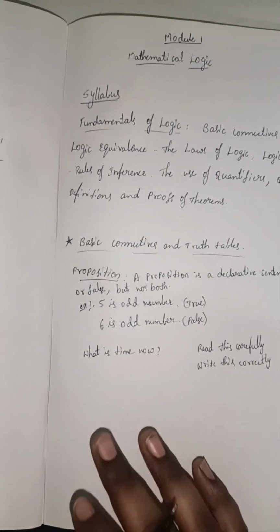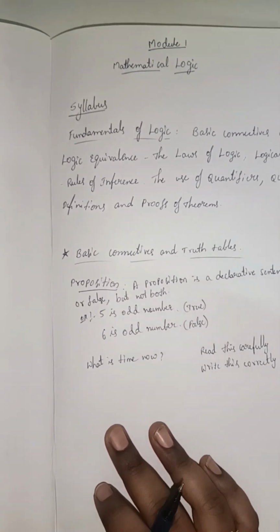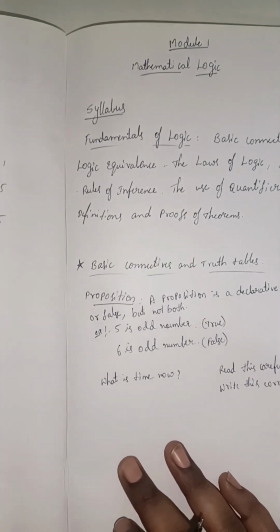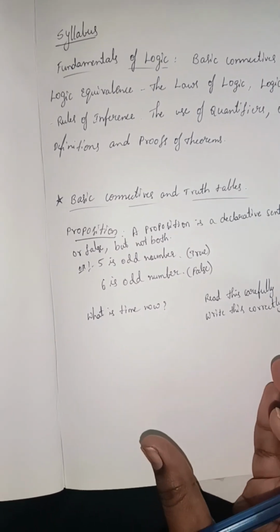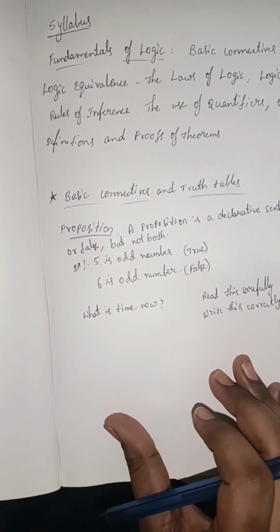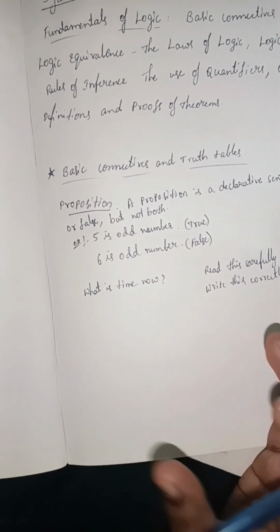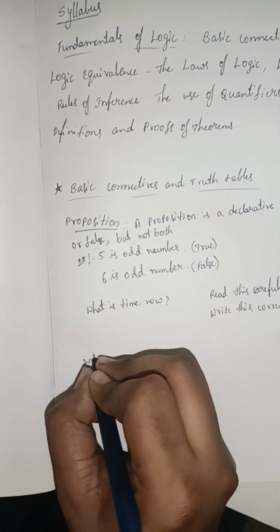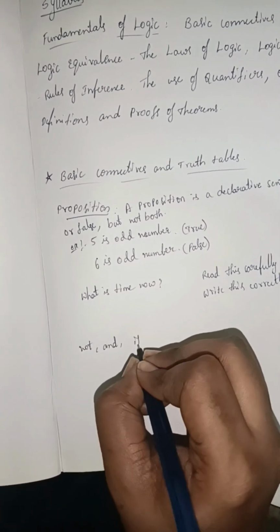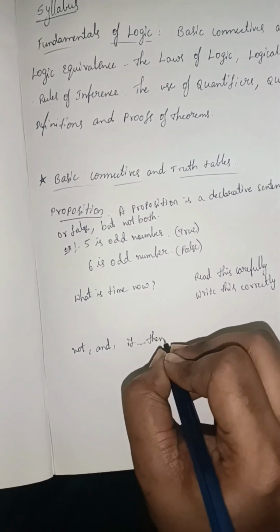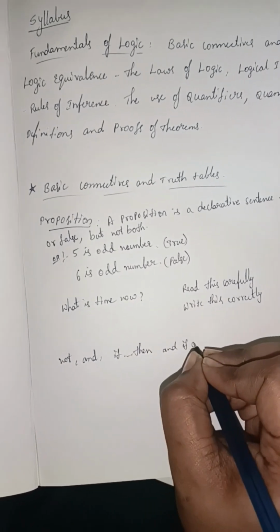Next, logical connectives and truth tables. In that, we use the words; these are also propositions. In a proposition we can insert words or phrases like not, and, if then, and if and only if.